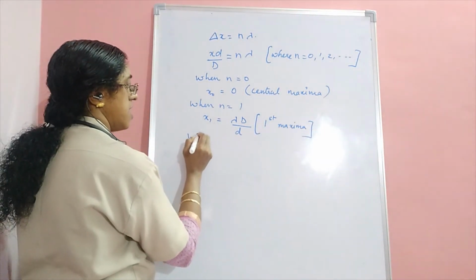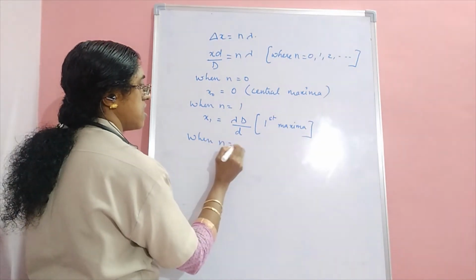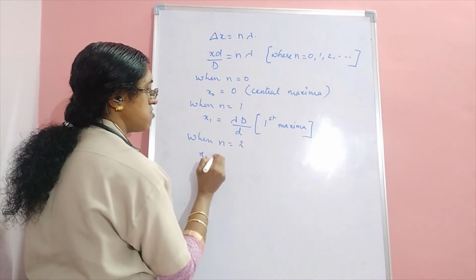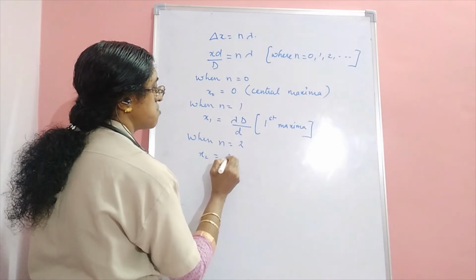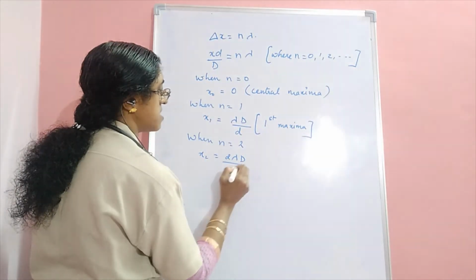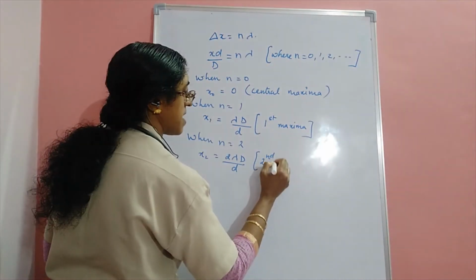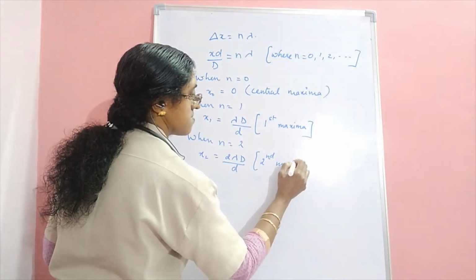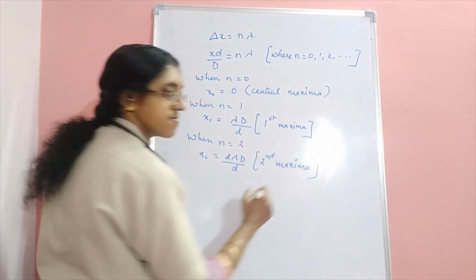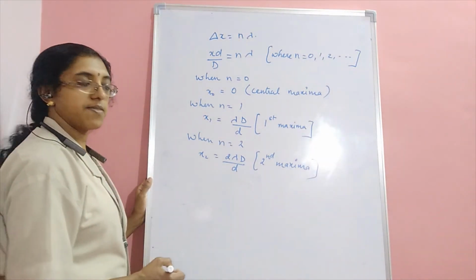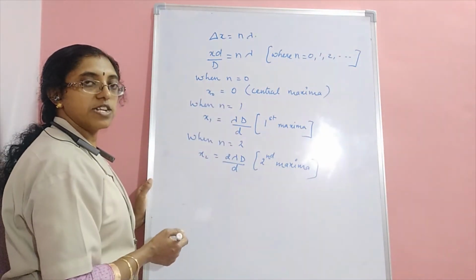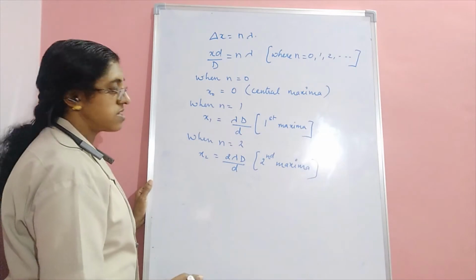Now when n is equal to 2, I would get x2 equal to 2 lambda capital D by small d, which is the second maxima. Similarly, I can find out all the maximas, right?